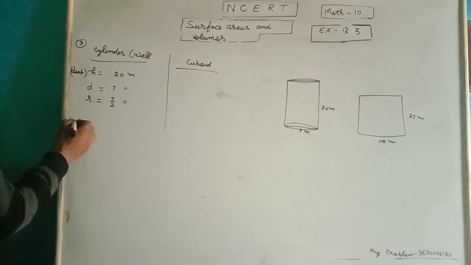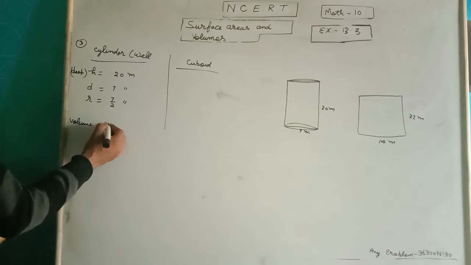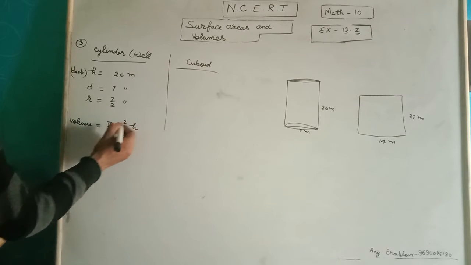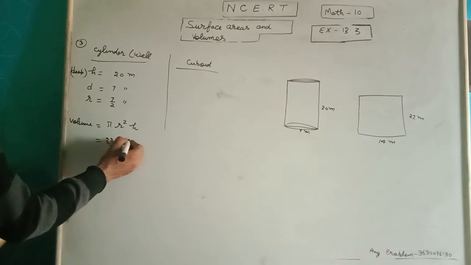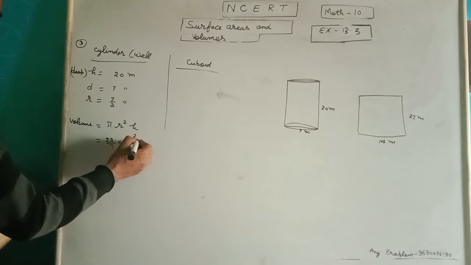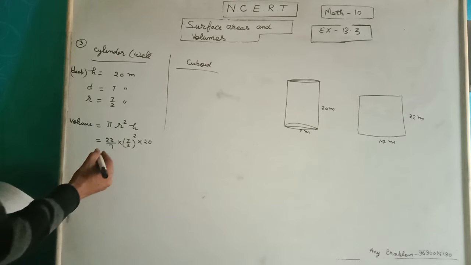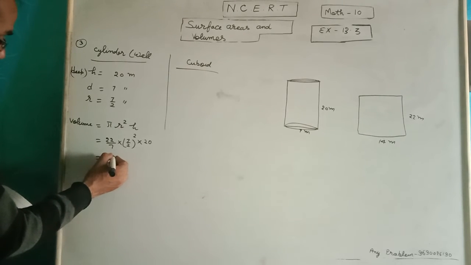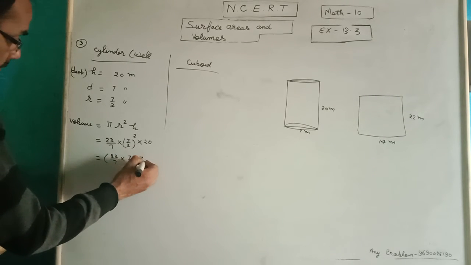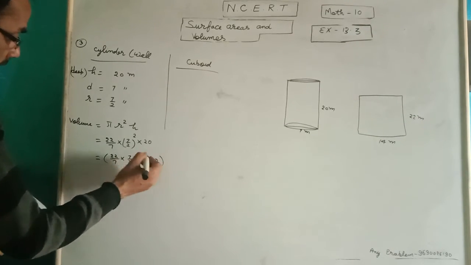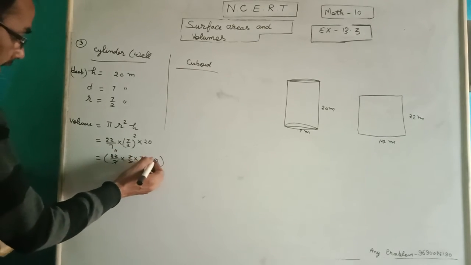Volume of cylinder, pi r square h is the formula. Pi value is 22/7, r value 7/2, h value is equal to 20. 22/7 into 7/2 into 20. 7 divided by 7, 11 and 10.